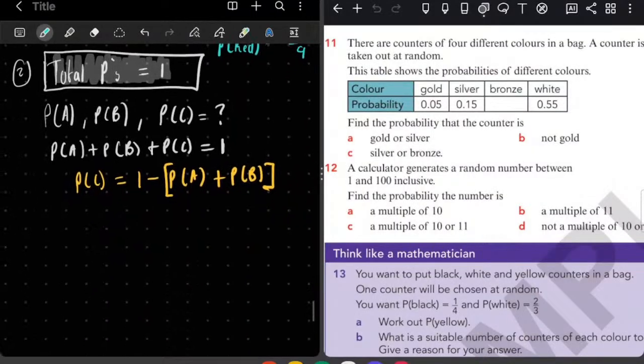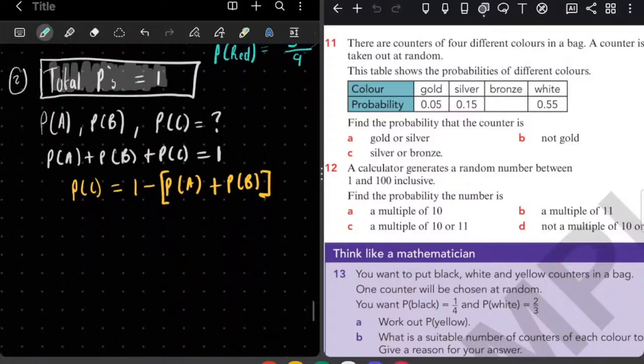Then there's the second one. This second method, you use it when you are given probabilities. Class, if you are given a certain probability and they ask for another probability, please use this method to say probabilities add to give you 1.